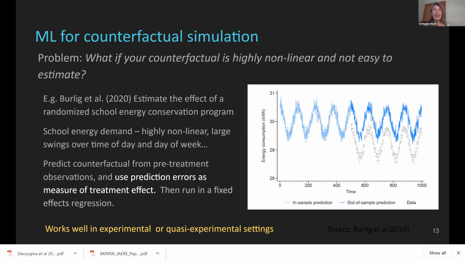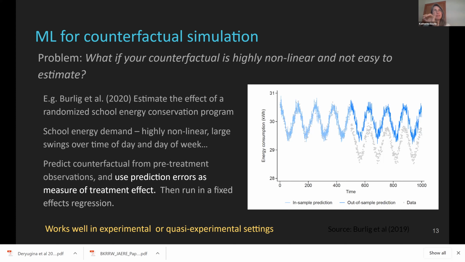Although they can get at a lot of this using increasingly complicated fixed effects in a standard diff-in-diff setup, they find that their results are not that stable when they do that. They're really sensitive to what combination of fixed effects they're using. So what they do instead is take the treatment units pre-treatment and use that information to train a model that would predict the counterfactual for those same treatment units post-treatment.